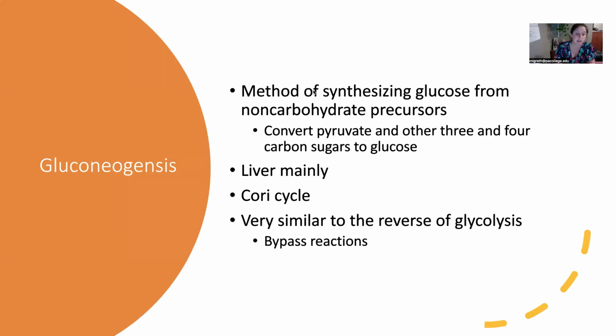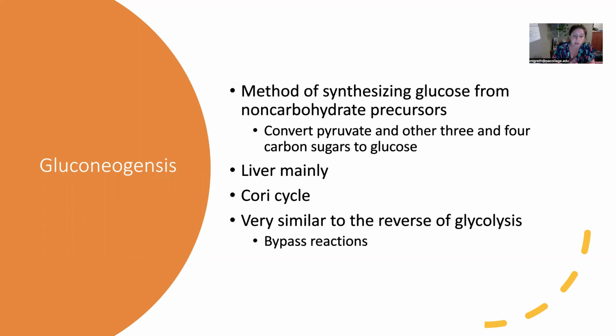All right, and then you have the opposite of glycolysis, which is gluconeogenesis. This is a method that synthesizes glucose from non-carbohydrate precursors. We've been exploring how the body uses glucose, and glucose remains the almost universal fuel and building block in most modern organisms.